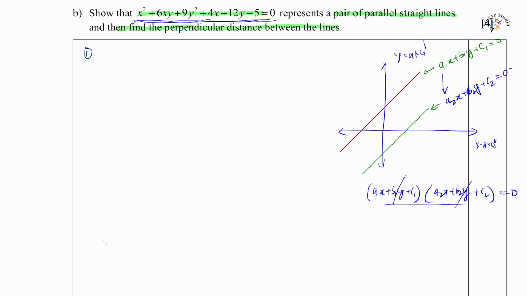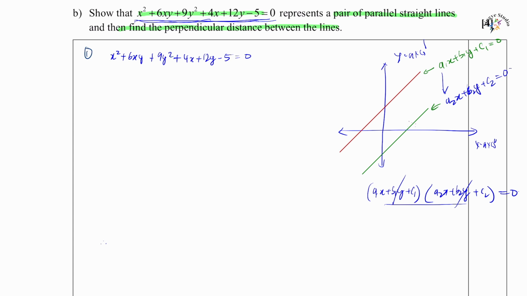Now we have x squared plus 6xy plus 9y squared plus 4x plus 12y minus 5 equals 0. Now what I will do is try to group the terms and make a complete square. I will make a quadratic equation in terms of x.